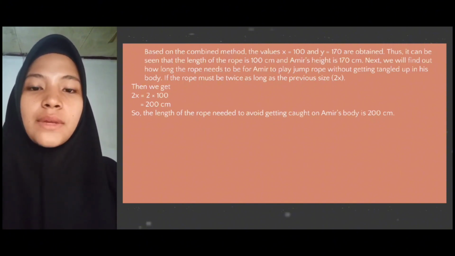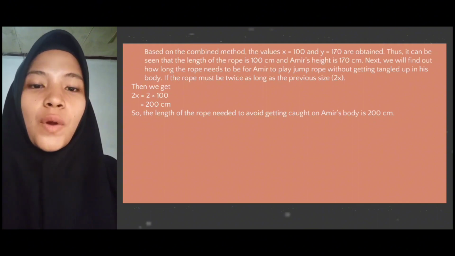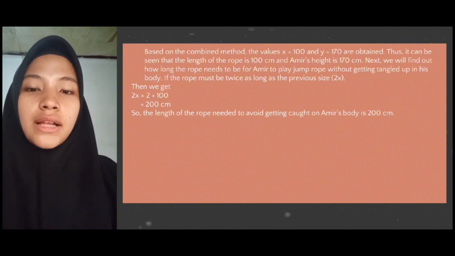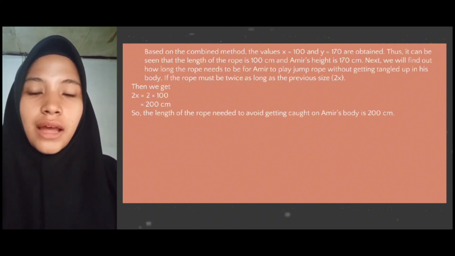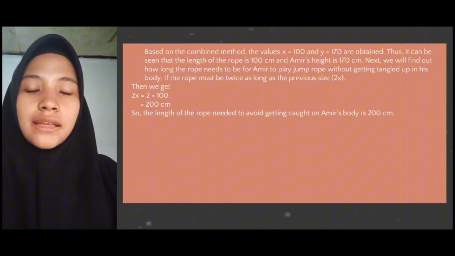If the rope must be twice as long as the original size, 2x, then we get 2 times 100, which equals 200 centimeters. So the length of the rope needed to avoid getting caught on Amir's body is 200 centimeters.